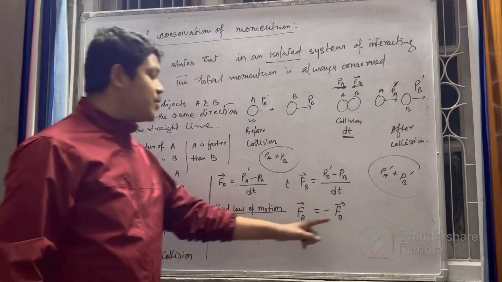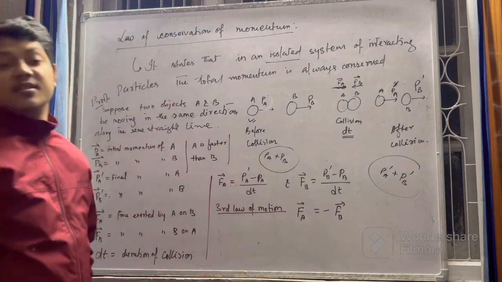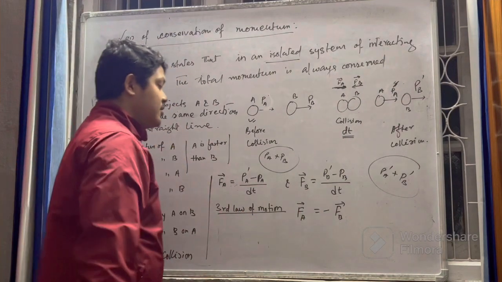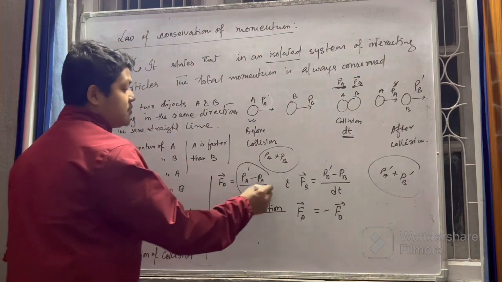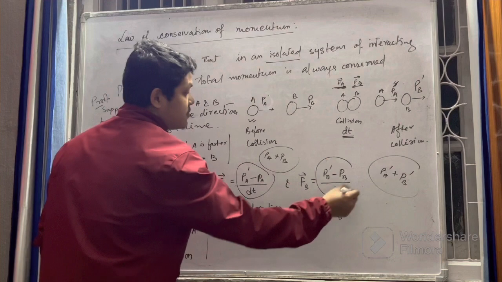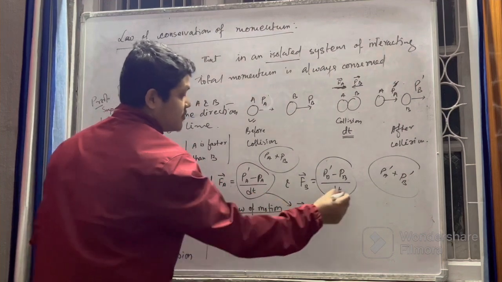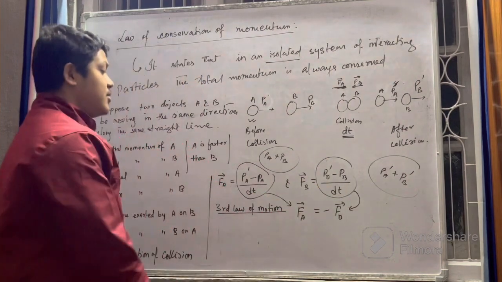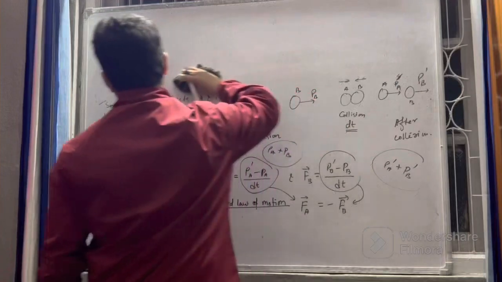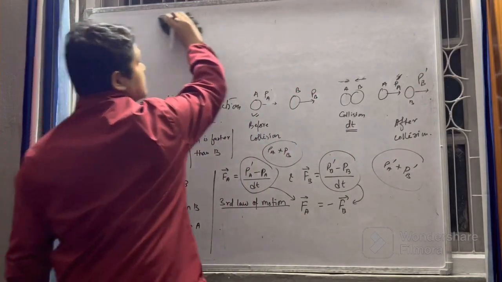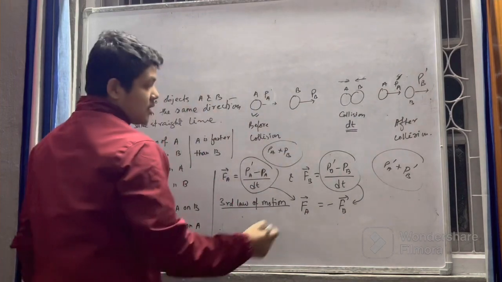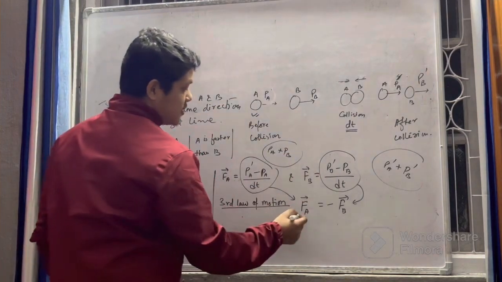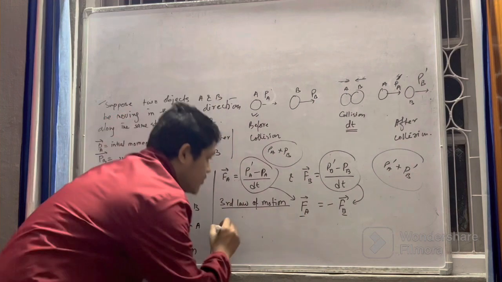So these two forces must be equal and opposite in direction. Now let us use these two here, right? Then what you will get? So put these two here, then what you will get?